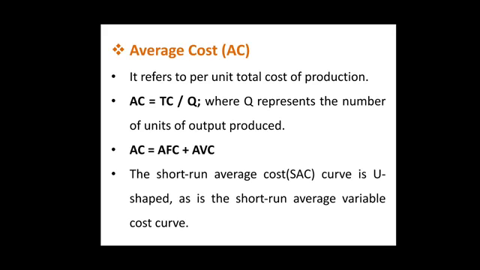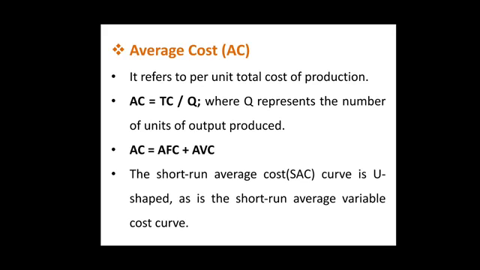Average total costs are arrived at by dividing the total cost at each level of output by the number of units of output produced, that is Q. Thus, AC is equal to TC divided by Q, where TC represents total cost at each level of output and Q represents the number of units of output produced.